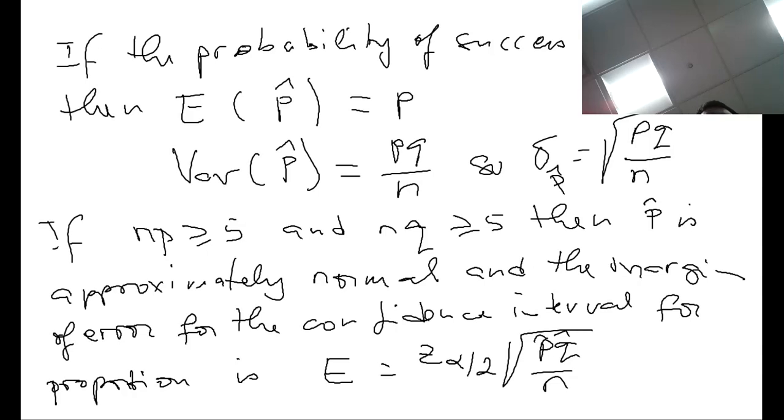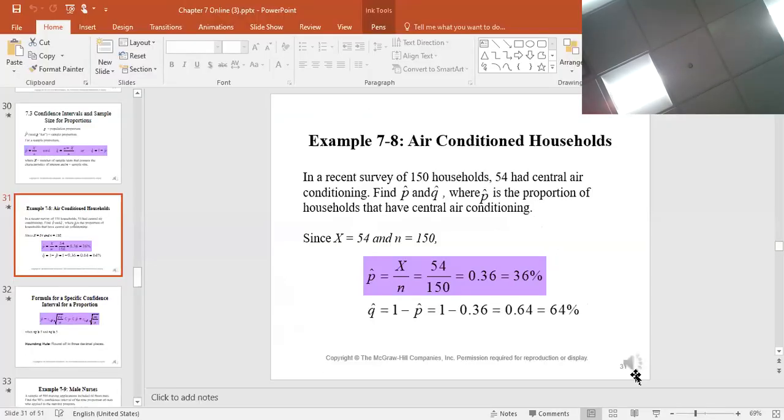Let's do an example. In a recent survey of 150 households, 54 had central air conditioning. Find P hat and Q hat, where P hat is the proportion of households that have central air conditioning.